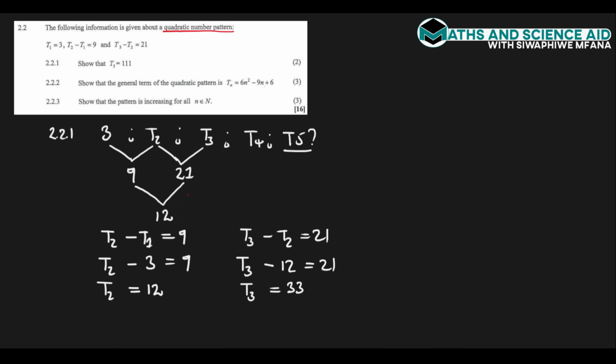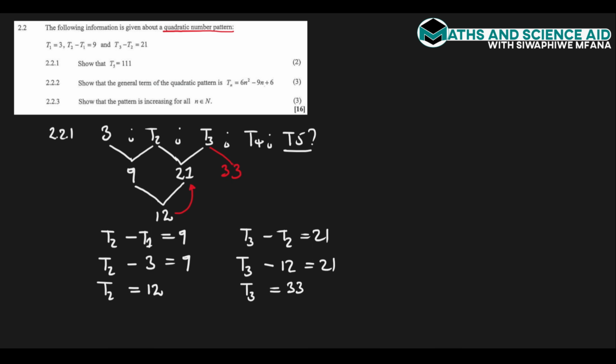Since the second difference is constant, it means that the first differences are arithmetic, right? So we can work out the next term of the first difference by simply adding 12 to 21. So what is 21 plus 12? That is equal to 33, right?